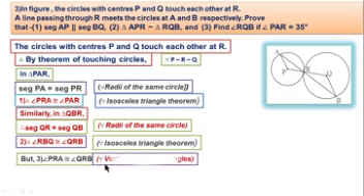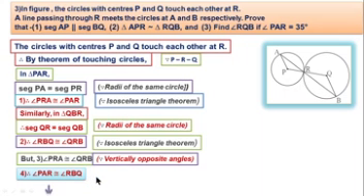Why? Vertically opposite angles. Therefore, angle PAR is congruent to angle RBQ. But these are a pair of alternate angles formed by transversal AB on segment AP and segment BQ. Therefore, segment AP is parallel to segment BQ.